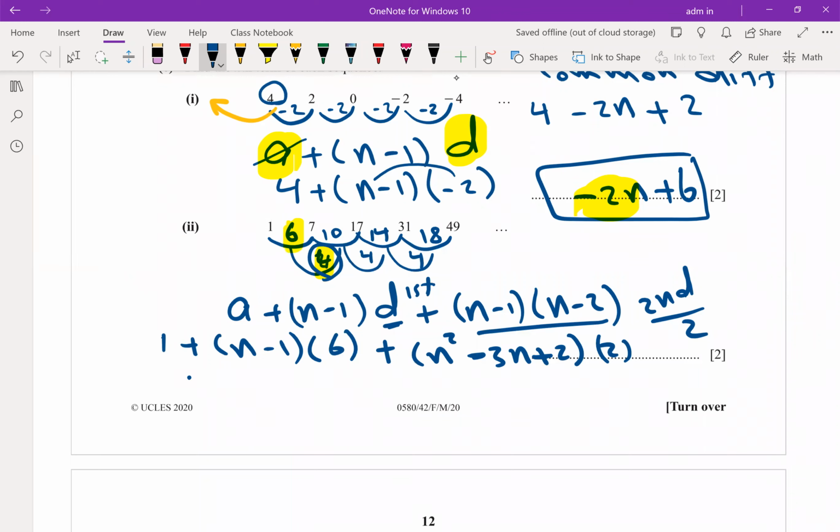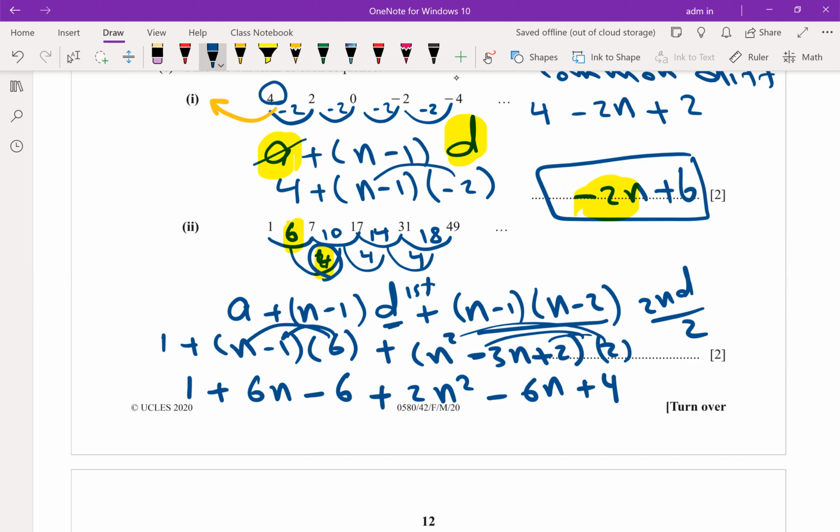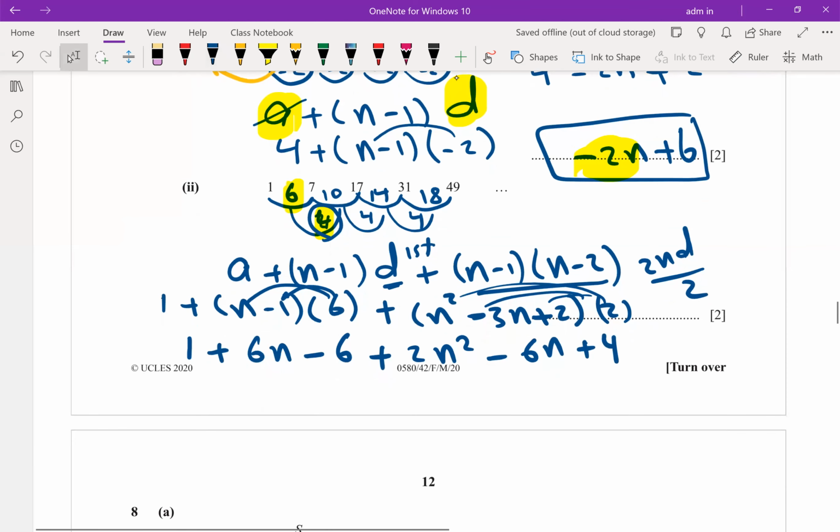Expand and simplify: 1 plus 6 times n, 6n, minus 6 times 1, 6, plus multiply, expanding this bracket, will be 2n squared minus 6n plus 4. Simplify more: 2n squared, the 6n and the minus 6n cancel.